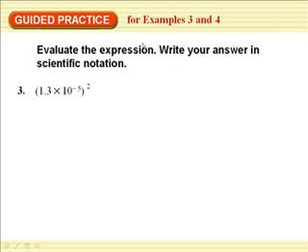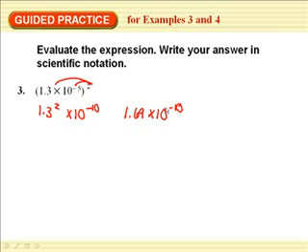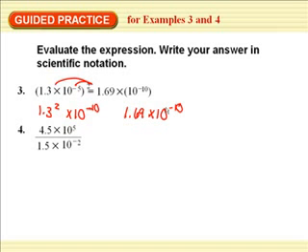Evaluate the expression. Another way you can do it is just take everything to the second power right here. So 1.3 to the second power times 10 to the negative 10. So 1.3 times 1.3 is 1.69 times 10 to the negative 10, and that is in scientific notation because that's between 1 and 10.